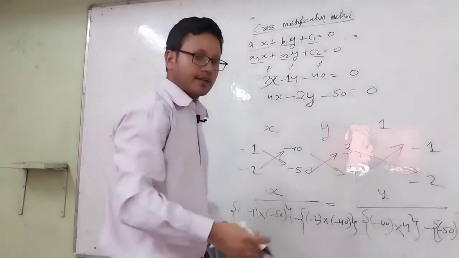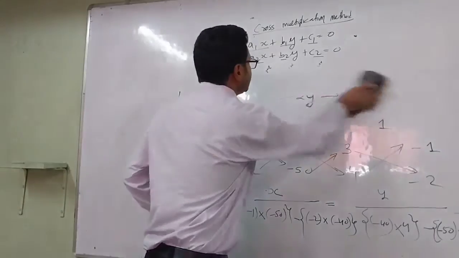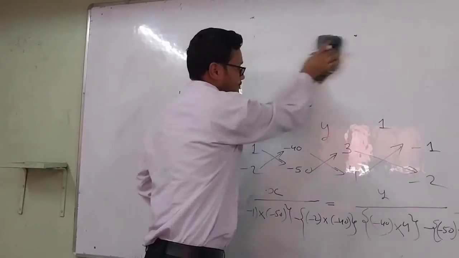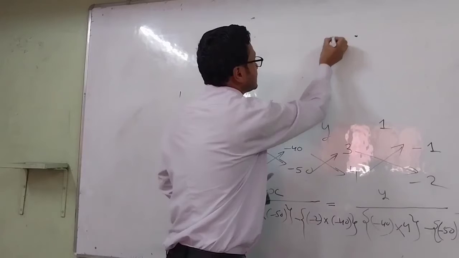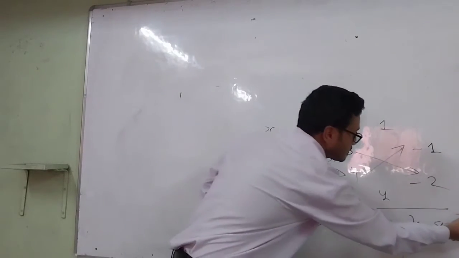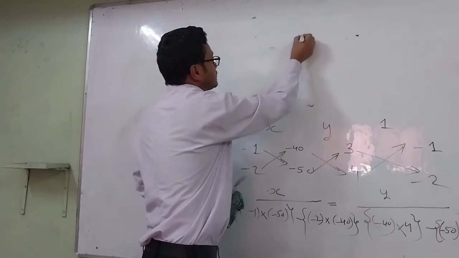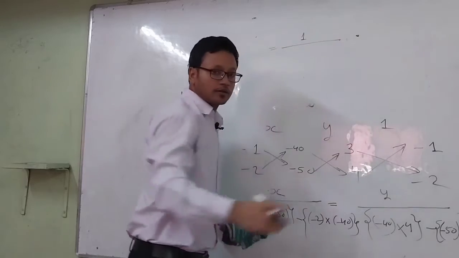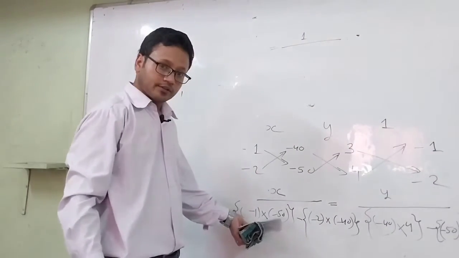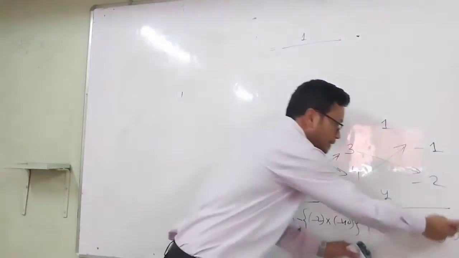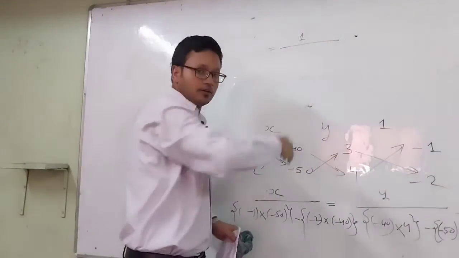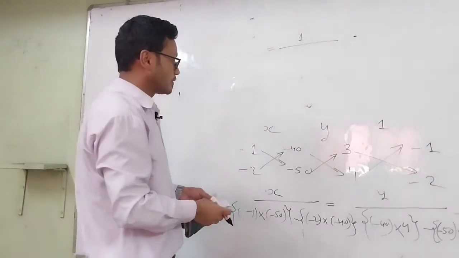Okay, now again after this what we have to write? Okay, after this you should put equals to out there, that means here you have to put the equals to 1. Okay, don't be confused, this is the first place and this one is the second place and this one is in third place, so that means 1 we have to write.